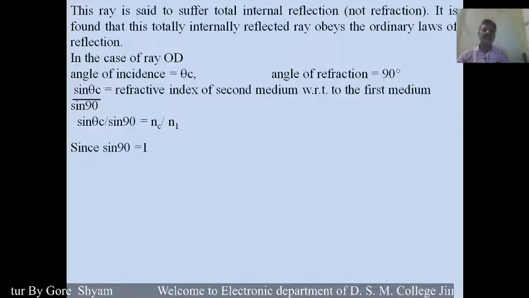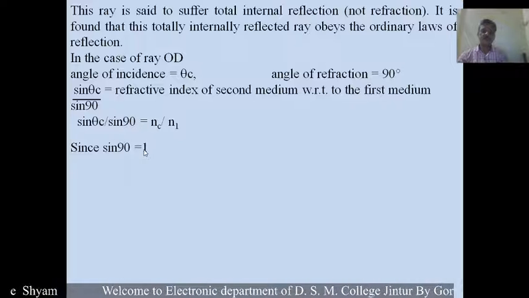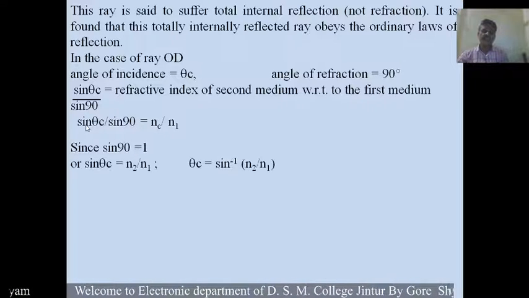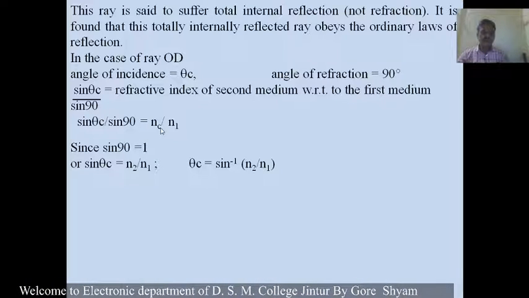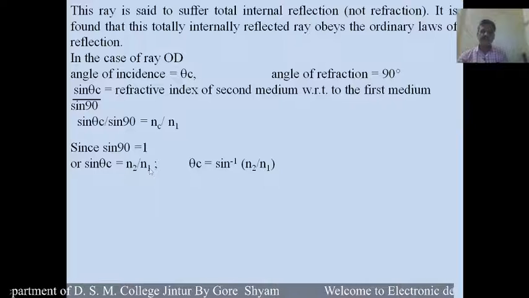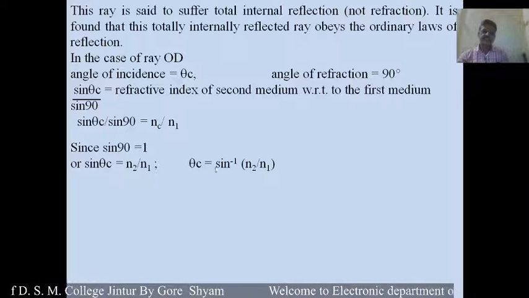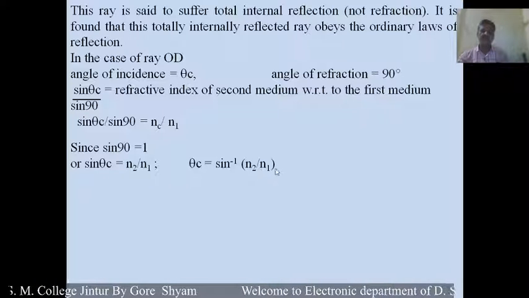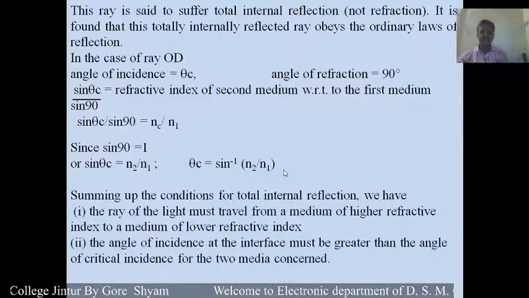We know that sine 90 is equal to 1. Therefore sine theta c is equal to n2 divided by n1, or we can find the angle theta c. Angle theta c is equal to sine inverse of n2 divided by n1, right?